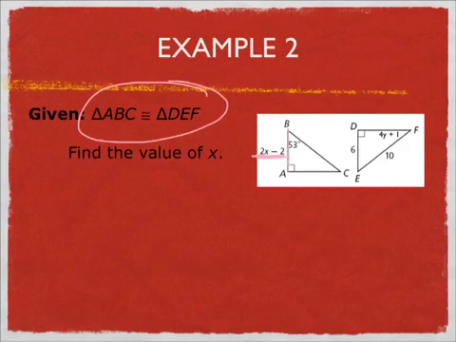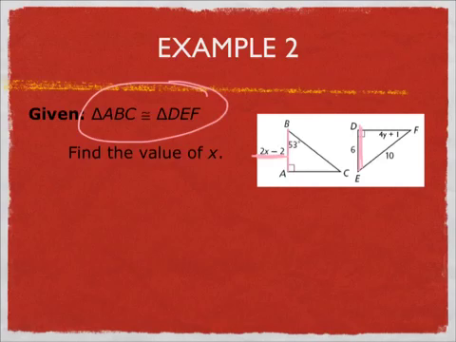What side does AB correspond with in the other triangle? Javante? DE, yep. Probably you look at it here and say, yes, that looks like it's right. But really what you should be looking at is here. AB corresponds with DE.